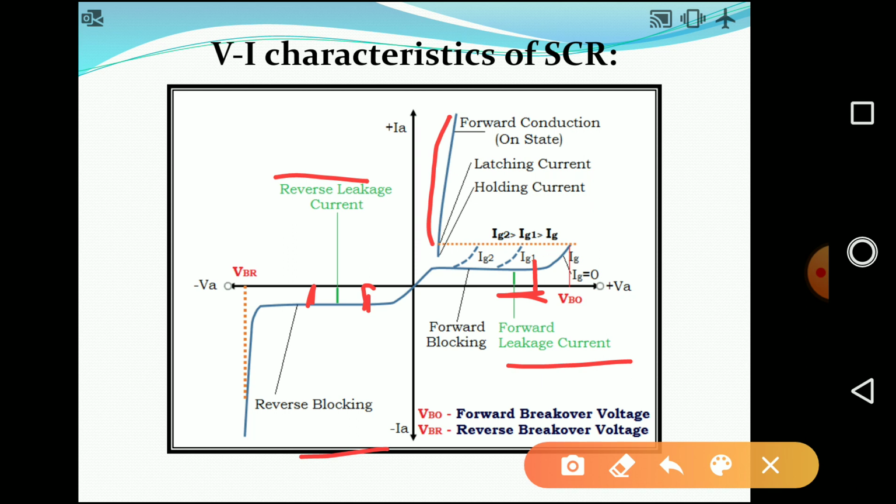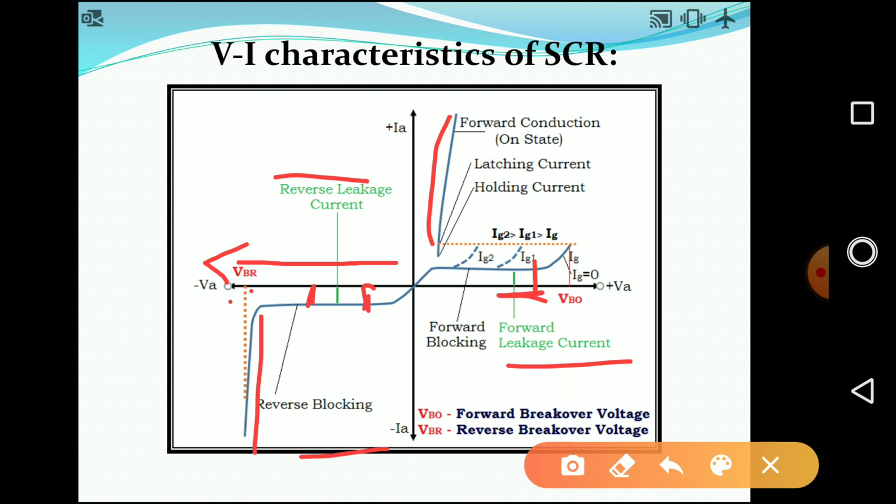Next, if we increase the reverse voltage beyond VBR, the reverse breakover voltage, that is the reverse voltage of the SCR at which the SCR turns on. As the reverse voltage is increased and reaches VBR, the depletion layers at J1 and J3 break down and the current increases sharply.